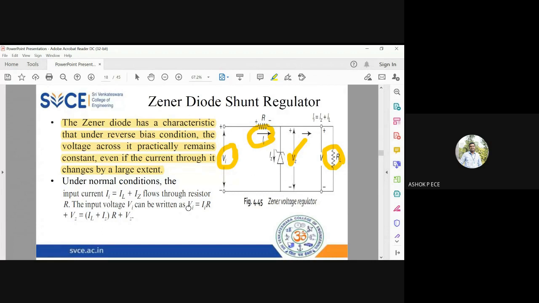So I can write VI is equal to II into R plus VZ. And you know II is equal to IZ plus IL, so I can write VI is equal to (IZ plus IL) into R plus VZ. So this one formula relates input voltage, Zener voltage, Zener current, and the load resistance.